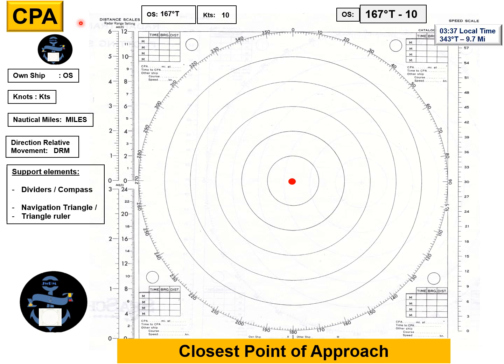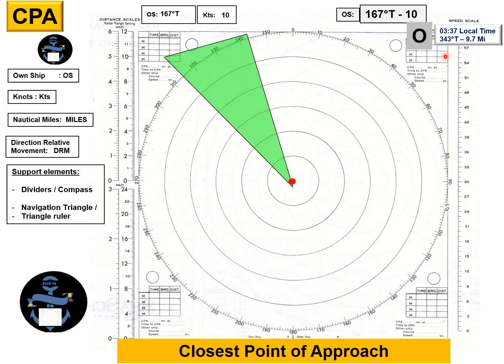The radar operator told me about the first contact at 0337 local time. He reports contact of bearing 343, range 9.7 miles. So this point we will call O. O means original, the first position.